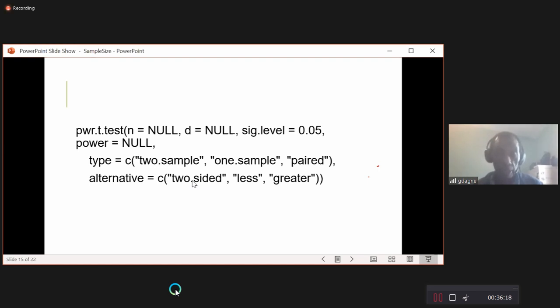But if I supply the sample size and the effect size and leave the power empty or null, it will calculate for me the corresponding power for a particular sample size and effect size. So it's flexible these days.